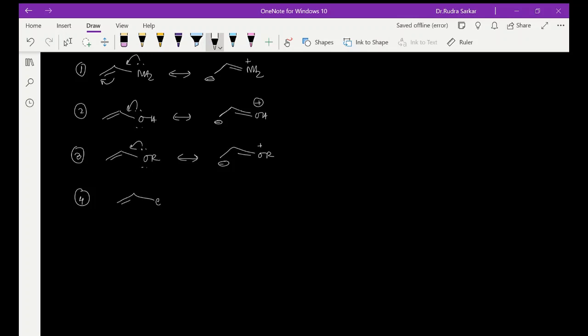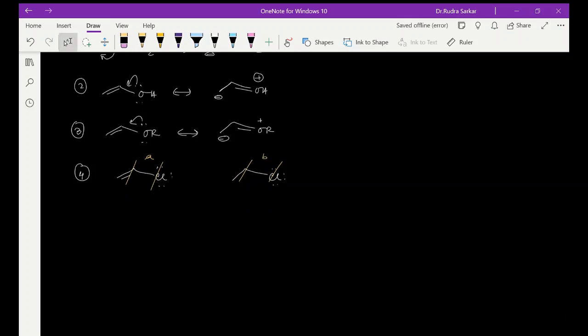suppose you have been given vinyl chloride and a simple ethyl chloride, and you are asked which of these bonds, say this is A and this is B, are shorter.